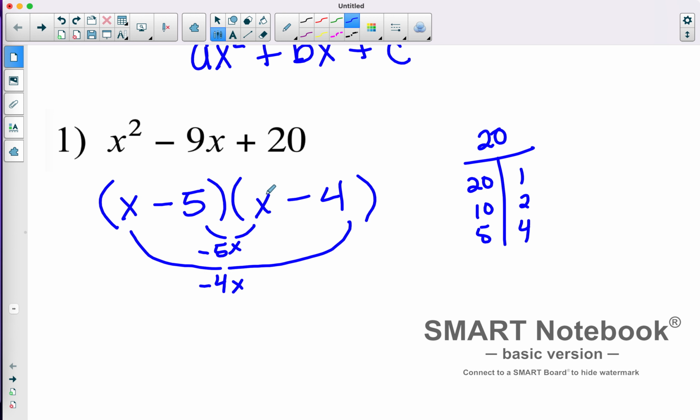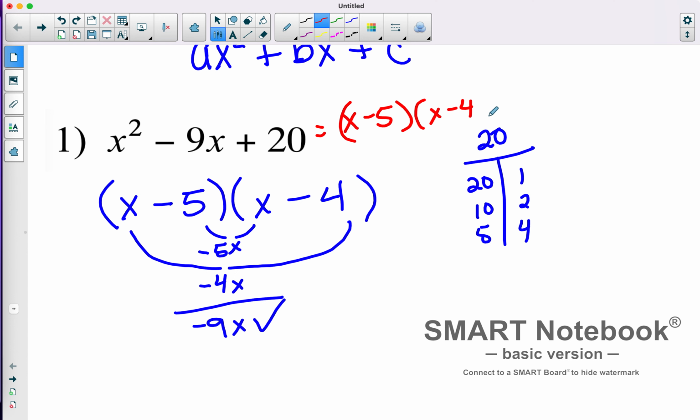So x times x would be x squared. X times negative 4 was the negative 4x. Negative 5 times x is negative 5x. Yes, that gave me the negative 9x we wanted. And then even if I distribute negative 5 times negative 4, I do get the positive 20 that we needed. So the correct factoring for this is x minus 5 times x minus 4.